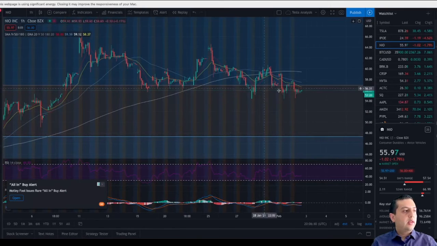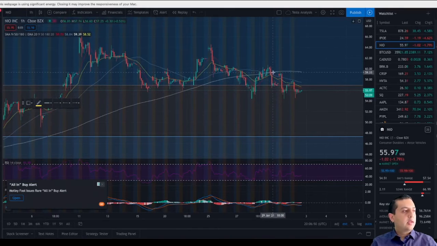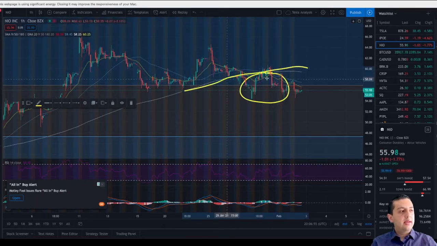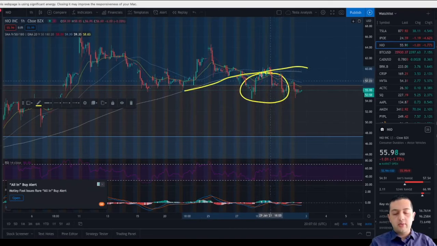You see, entry point in this one is still not yet there. You can see price here is still below this yellow line. Okay, so this is not good. We need to wait until price goes up above this line and then it tests it as support for us to enter a trade.